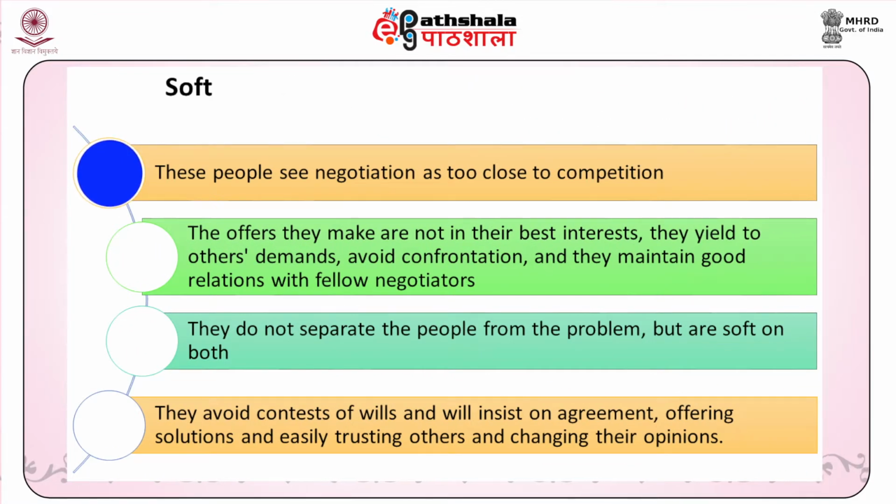The first is soft bargainers. These people see negotiation as too close to competition, as they choose a gentle style of bargaining. The offers they make are not in their best interest.